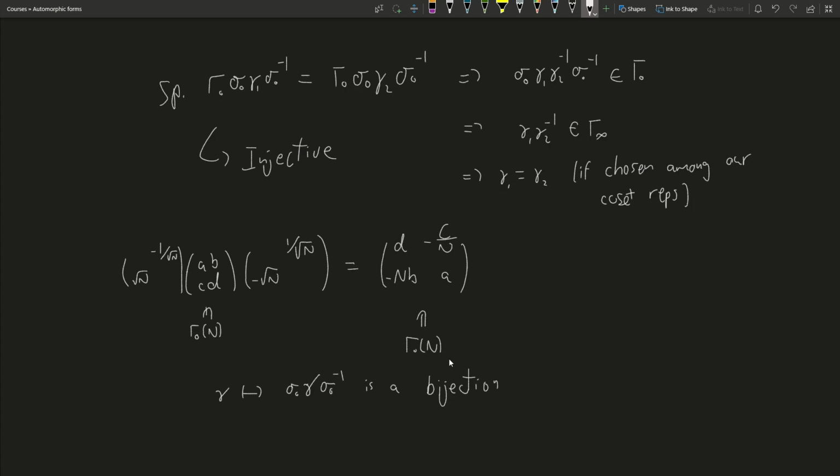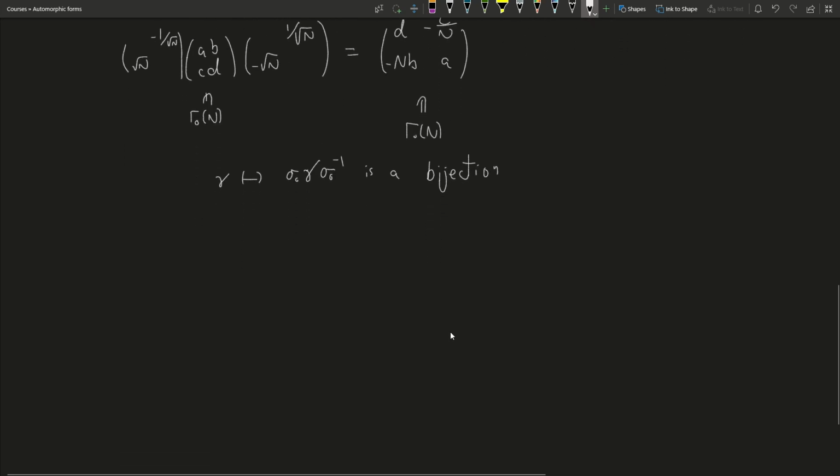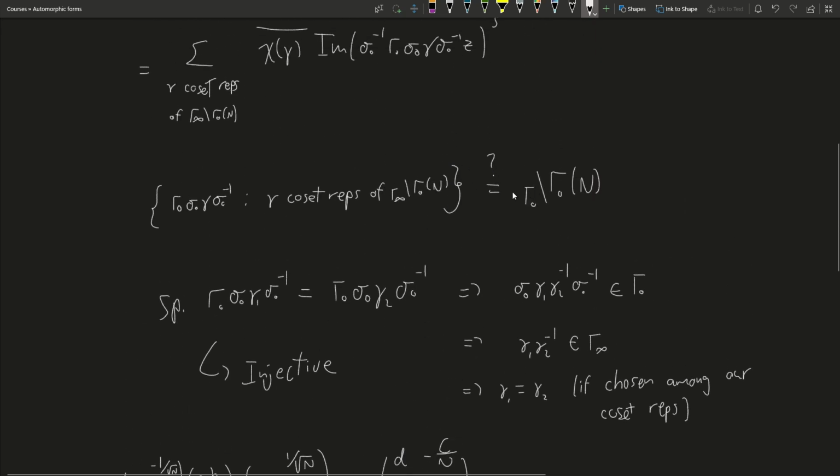So check this is a bijection, and what that means is that in this question above of are these the same, well, you must have a surjection onto the set of cosets here, right? Because if you had some coset, you could write it as gamma naught times something, and you'd have to find that something in one of the cosets essentially of gamma infinity, right?